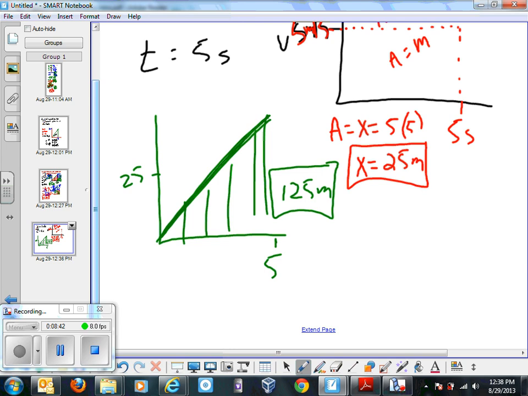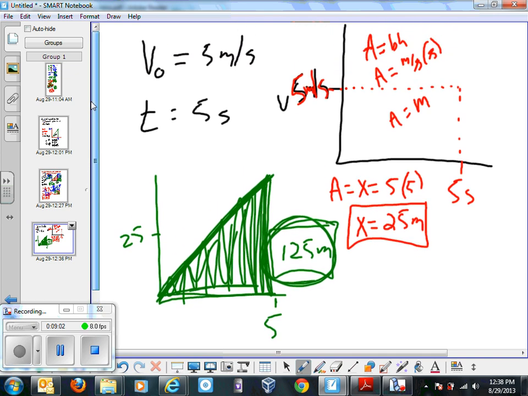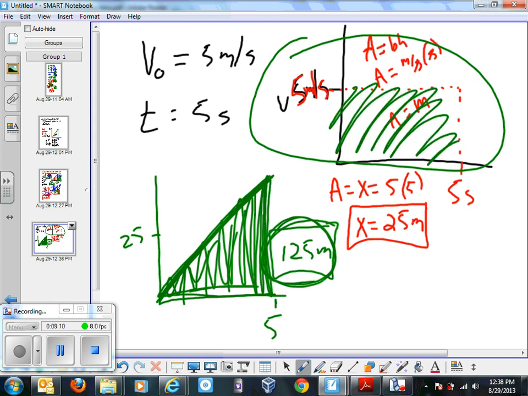Now this is kind of where it's a bit counterintuitive, or hard to think about, because the area under this graph alone is going to give us a displacement. If there's just acceleration and no initial velocity, we're going to have this displacement. But when we do have an initial velocity, then we have to add this displacement as well.